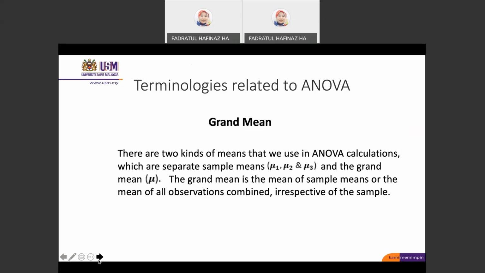There are two kinds of means that we use in ANOVA calculation, which are the separate sample means and the grand mean. The separate sample means are mu1, mu2, and mu3, and also the grand mean. The grand mean is the mean of sample means, or the mean of all observations combined irrespective of the sample.